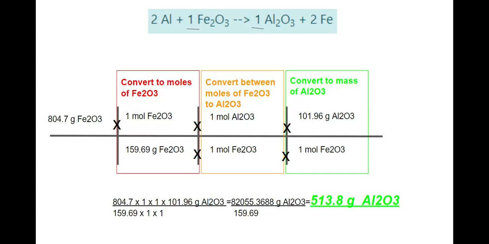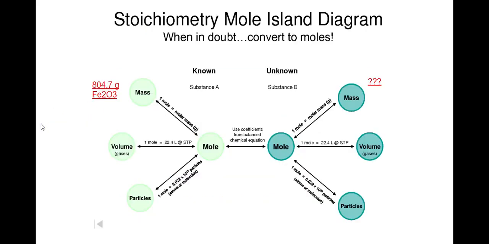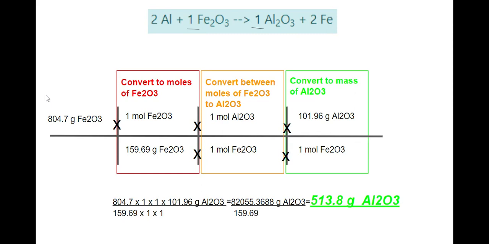So you have your given 804.70 grams of Fe2O3. And first you need to convert that into moles of Fe2O3. That's the first thing you should do. Always go into moles.